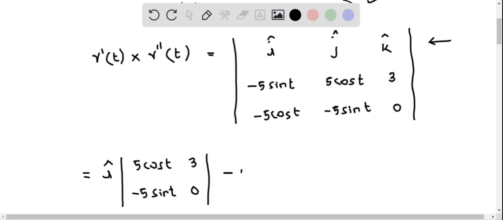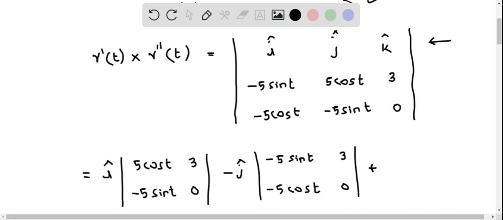Then I put negative j unit vector, leave the row and column represented by j, and get the 2 by 2 determinant: negative 5 sine t, 3, negative 5 cosine t, 0. Finally I put the k unit vector, leave its row and column, and get negative 5 sine t, 5 cosine t, negative 5 cosine t, negative 5 sine t.